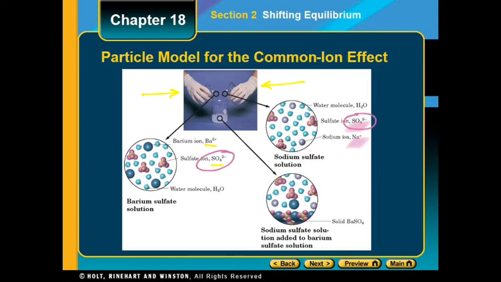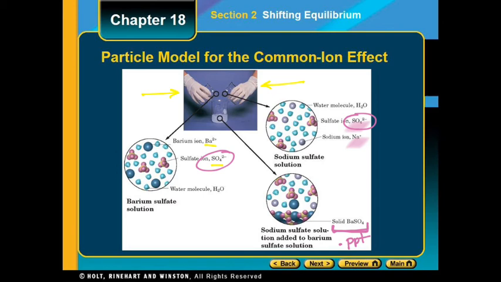This reaction will happen to give us solid barium sulfate. If you think of your activity series, barium is more active than sodium, so the barium will take its place over sodium. This is also a double replacement reaction, and the solid barium sulfate is the precipitate that is going to be formed. So this reaction does take place even with a common ion between the two.